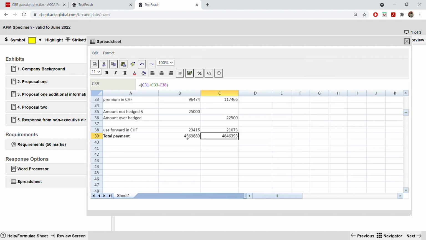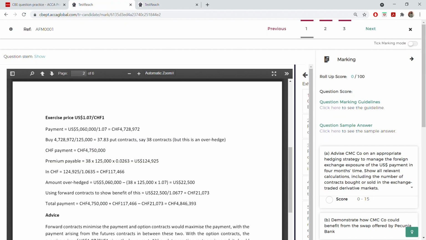It will be bold. You see, you can easily check and compare. So under option, that's the total payment.